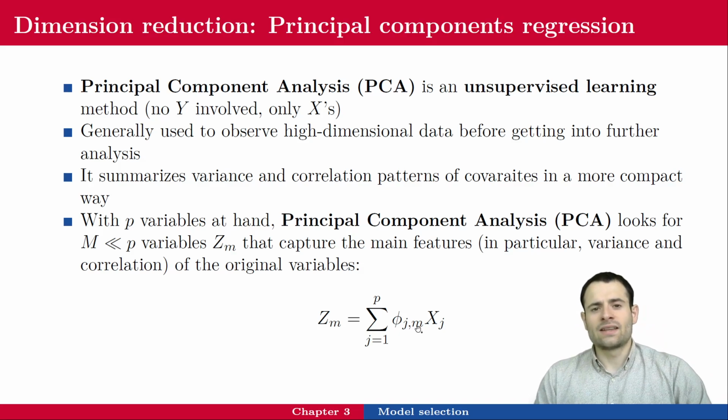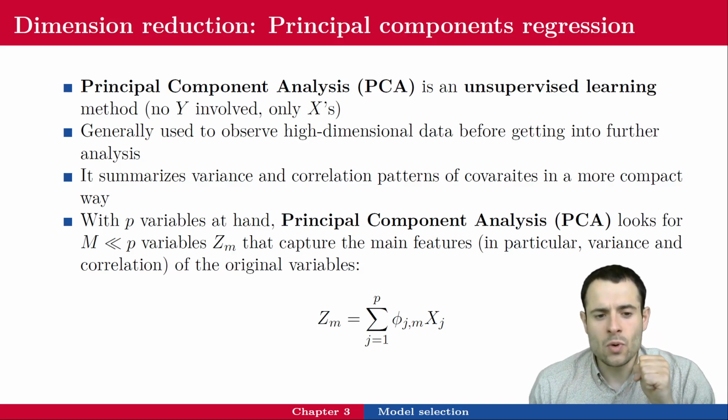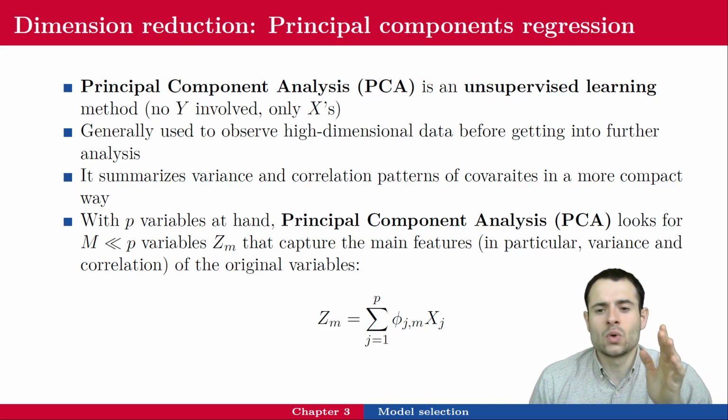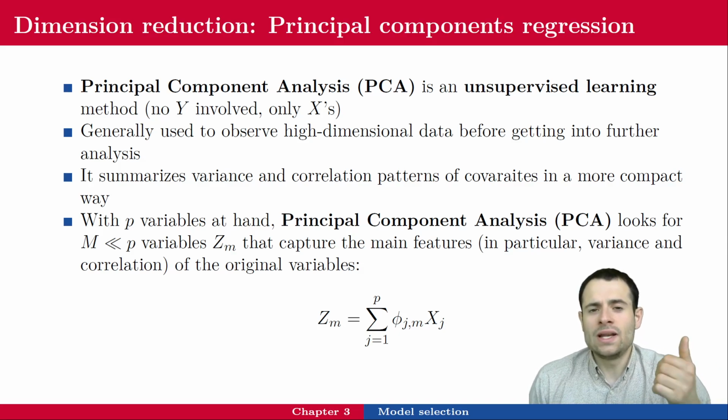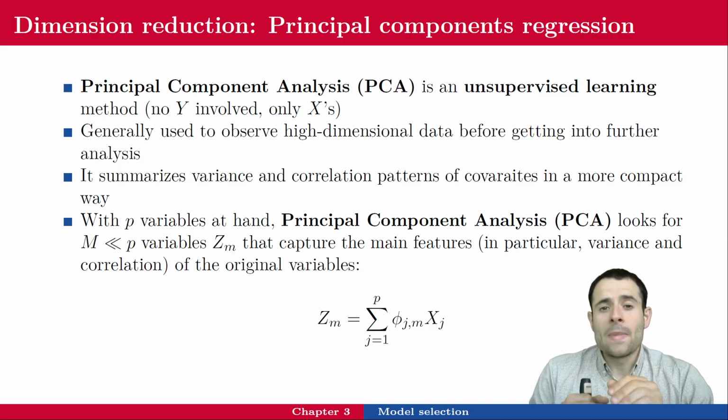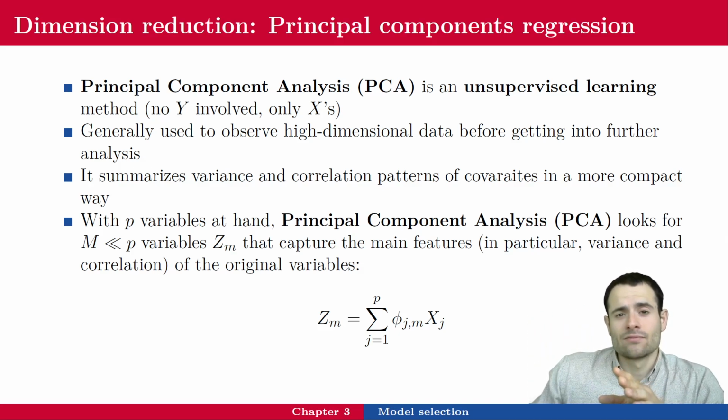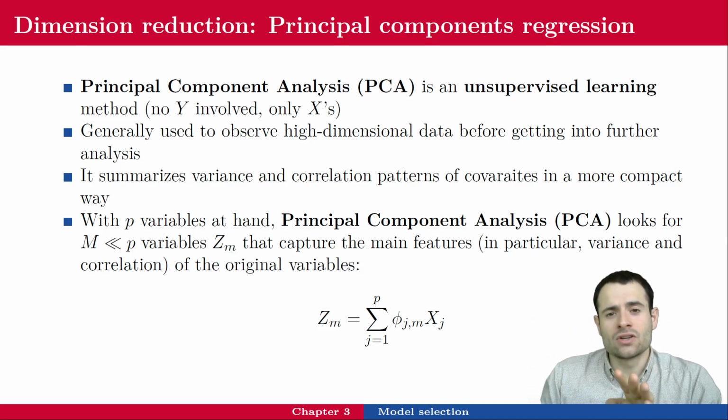So the idea is that if I want to summarize my 100 variables into a set of 20, big M is equal to 20, and let's say Z1, my first variable, is going to be a linear combination of my 100 x's. But it's only a combination, it's a sum.